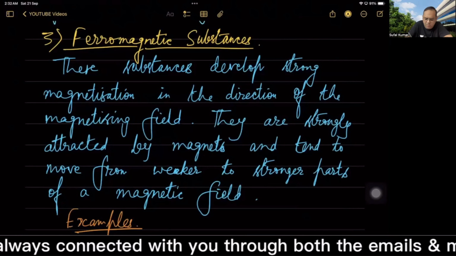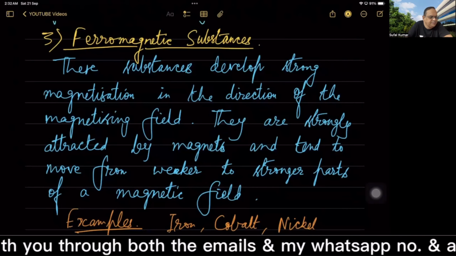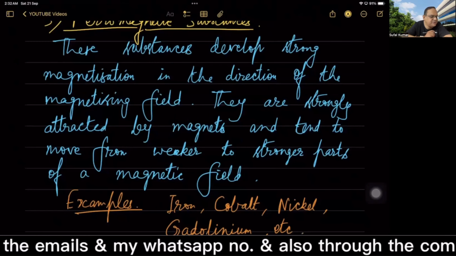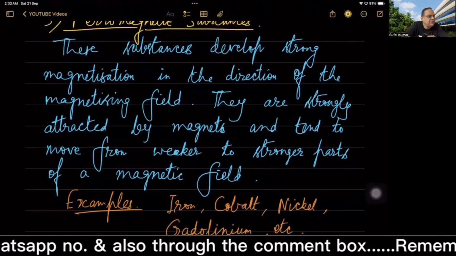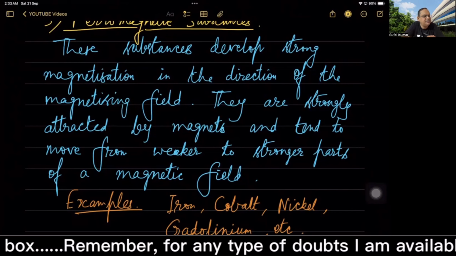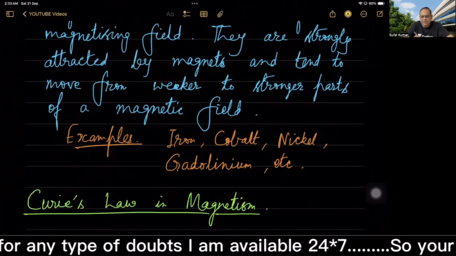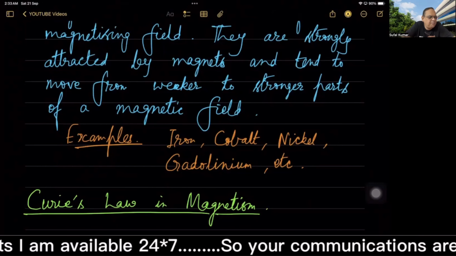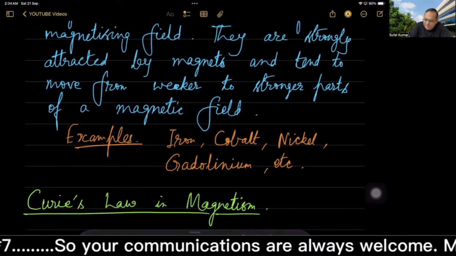Examples: iron, cobalt, nickel, gadolinium. Now here comes Curie law, and this is only for paramagnetic material.